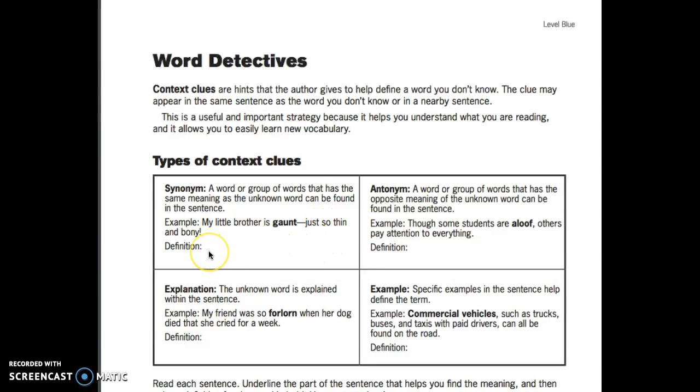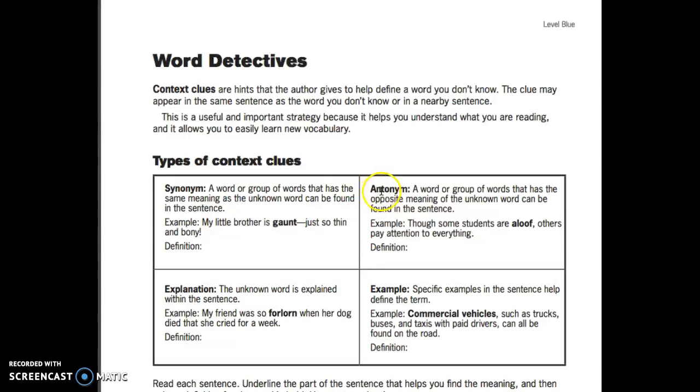So what would you write as your definition for gaunt? Let's go back to our context clues. The word gaunt is what we're trying to figure out. Then it tells me just so thin and bony. So I could use the synonym thin and bony as my definition.